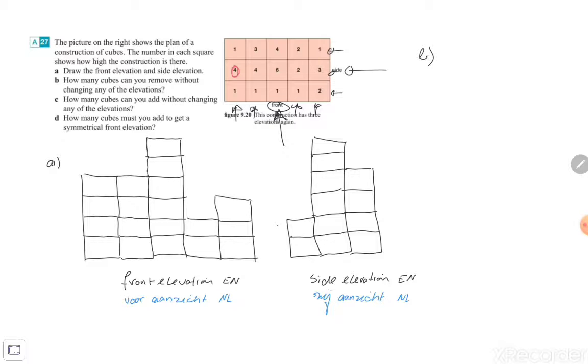That was the highest one. Then this 4. And the other one is a 6. Then we have 2, but we can choose between those two 2s. So let me just leave that one, because maybe we need one of them with the side elevation. And the last one is 3.